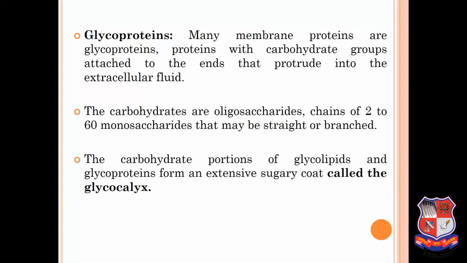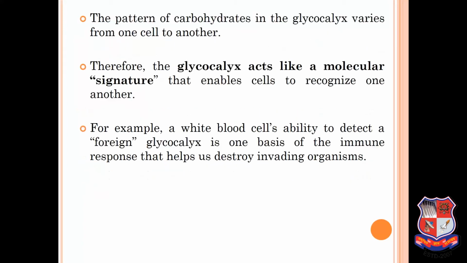The carbohydrate portions of the glycolipids and glycoproteins form an extensive sugary coat, known as the glycocalyx. What is the glycocalyx? It is a thin carbohydrate layer, an extensive sugary coat on the cell membrane. The pattern of carbohydrate in the glycocalyx varies from one cell to another.